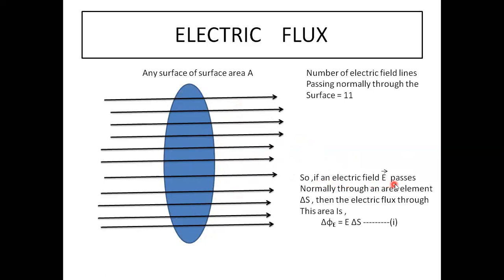Now, that's what I have mentioned here. If an electric field E passes normally through an area element del S, where del S is the surface area value, and if this is my blue shaded circular surface with surface area del S, then the electric flux through this area is del phi equals E del S. So the multiplication of the electric field strength E and the surface area through which the electric field lines are passing gives us the electric flux value.